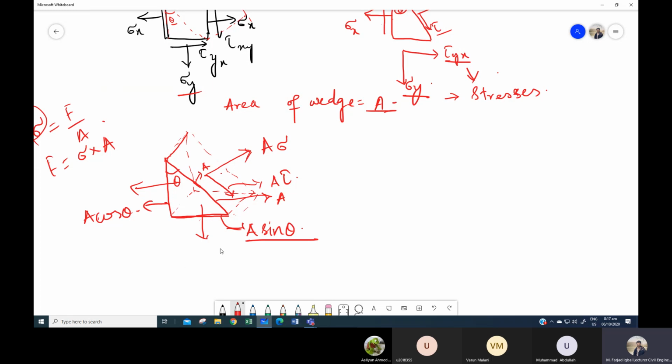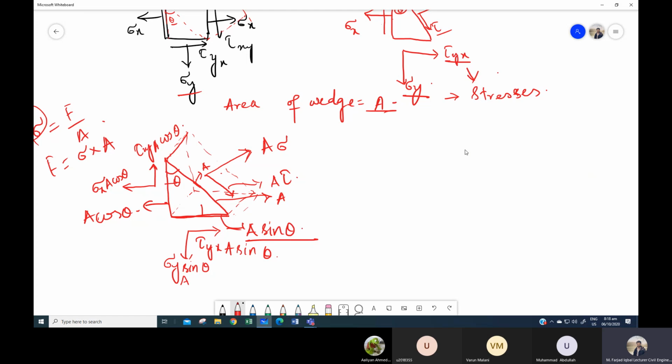If I want to convert this into force, that would be sigma y A sine of theta, and this one would be tau yx A sine of theta, and over here is also A. Now these two have been converted into force, and on the same page, if I want to convert this into area, that would be sigma x A cos of theta and tau xy A cos of theta. Now we have converted all the stresses into forces.